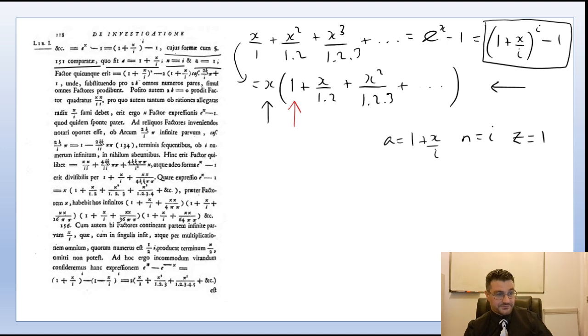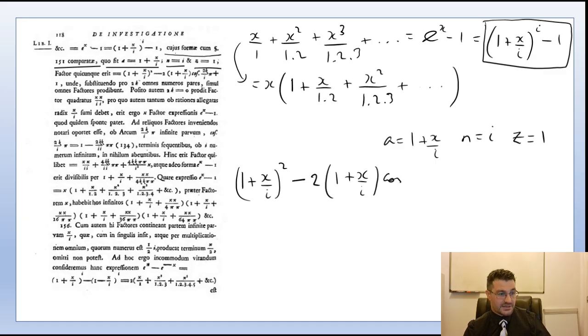So the potential quadratic factors of 1 plus x over i to the power of i minus 1 are going to be of the form 1 plus x over i squared, minus 2a, which is 1 plus x over i, times z, cosine of 2k pi over n, which is i, plus z squared, or z times z, which is just going to be 1.